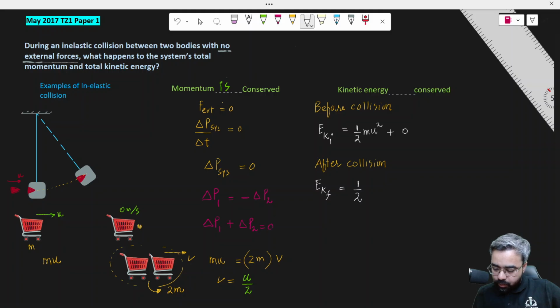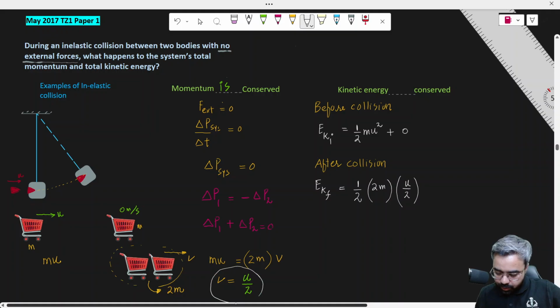After the collision, the kinetic energy of the system is one half times the total mass, which is 2m, times the speed u over 2, squared. So it is 1 over 2 into 2m into u square over 4, and you can take 2 over 4 outside, and inside we have 1 over 2 mu square.